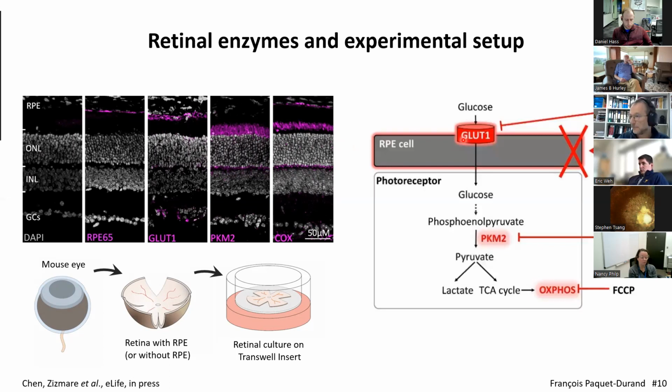We can block glucose transporter 1 with a compound that is rather selective, 1,9-D-deoxyphosphorylation. We can block PKM2 with another selective inhibitor called shikonin. And we can uncouple oxidative phosphorylation using this drug called FCCP. So we can manipulate these targets that are expressed in specific cell types of the retina.